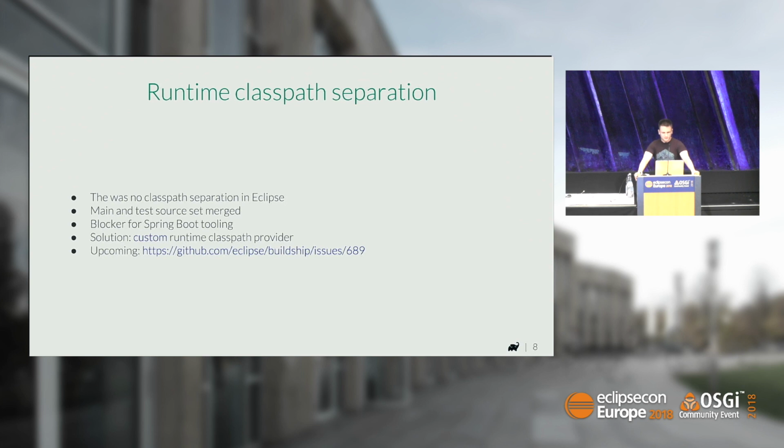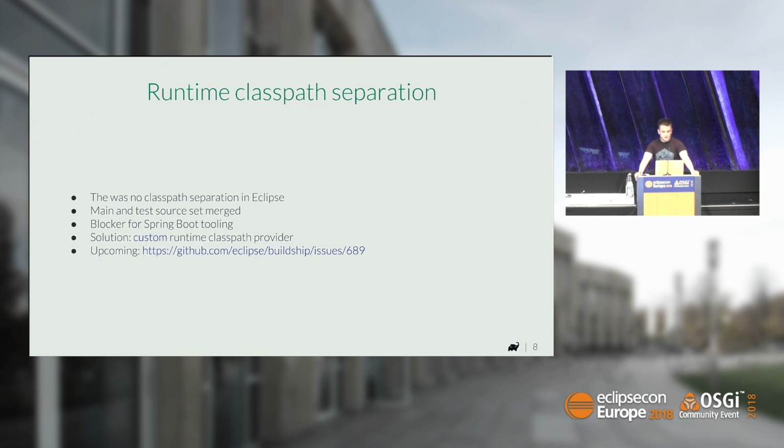That was really problematic for tools like Spring Boot, for instance, because there the configuration is loaded from the runtime class path. And when you have this merge of source sets, you might end up using the wrong configuration during runtime.